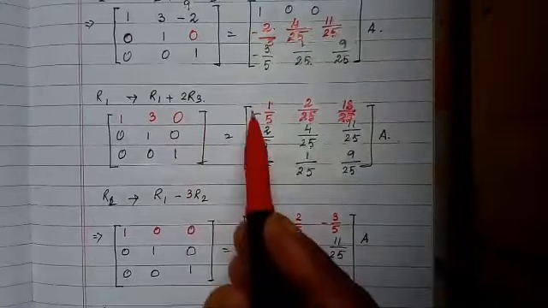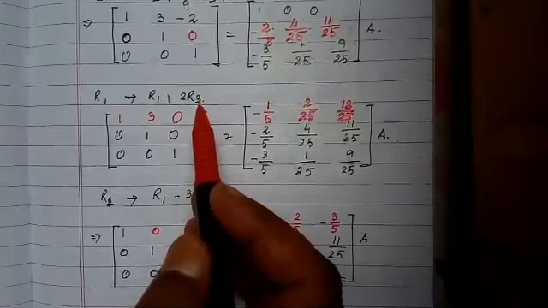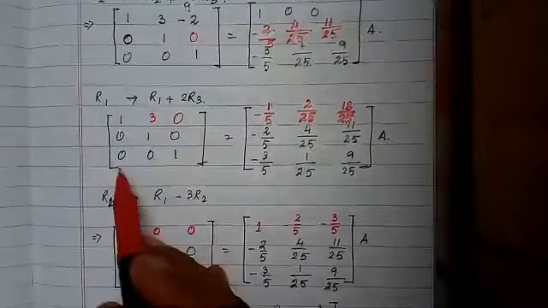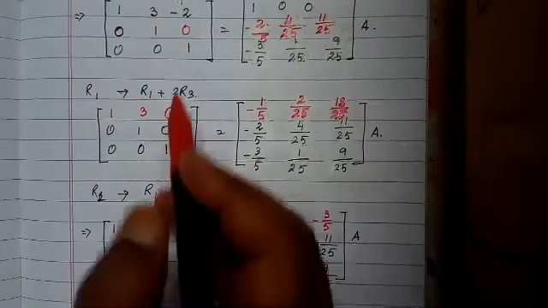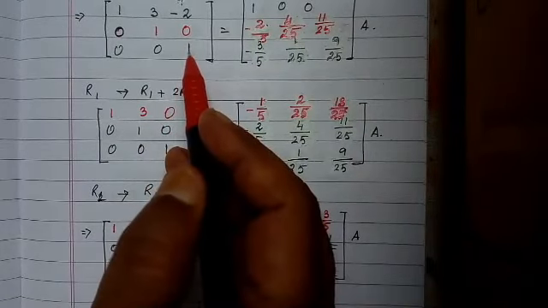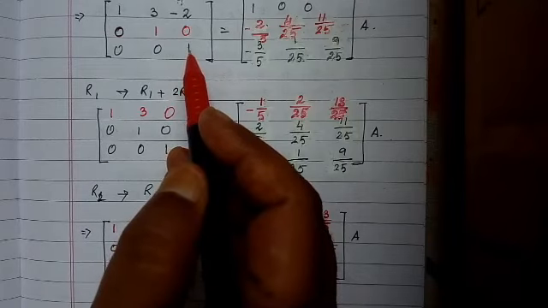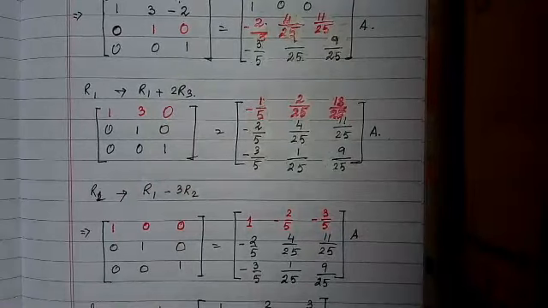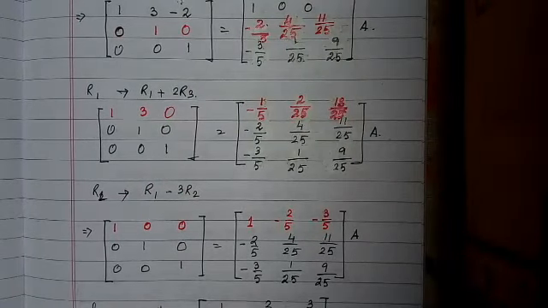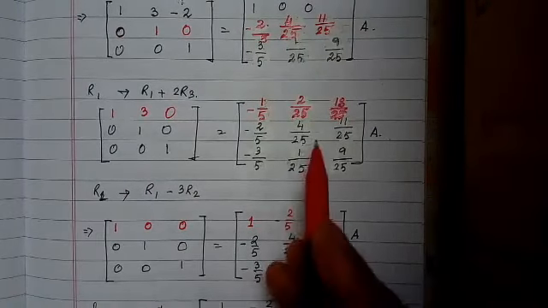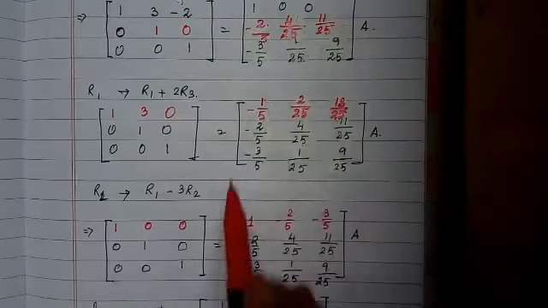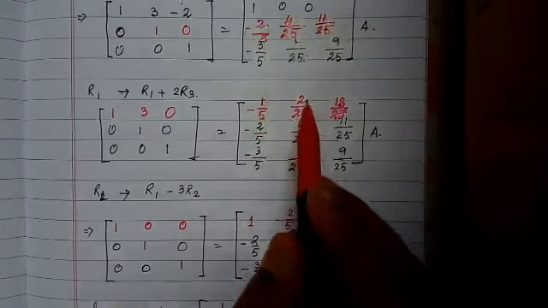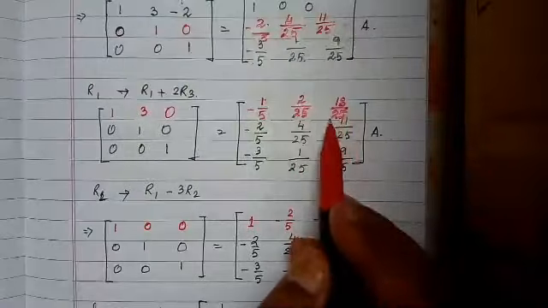For R1, we have to multiply R3 by 2. So this 0 will not change, and this is 1, so 1 into 2 is 2, plus minus 2 equals 0. So this becomes 0. And whenever the same operation is given to this matrix, R1 will be changed to minus 1 by 5, 2 by 25, 11 by 25.